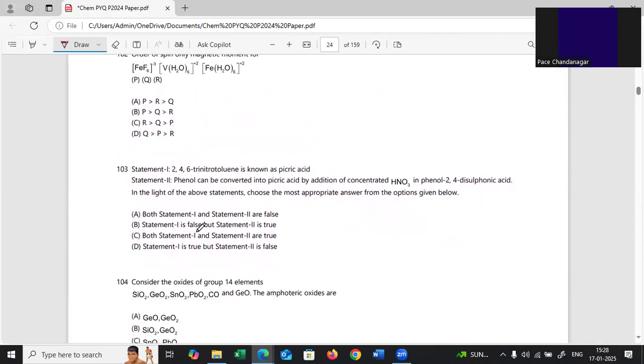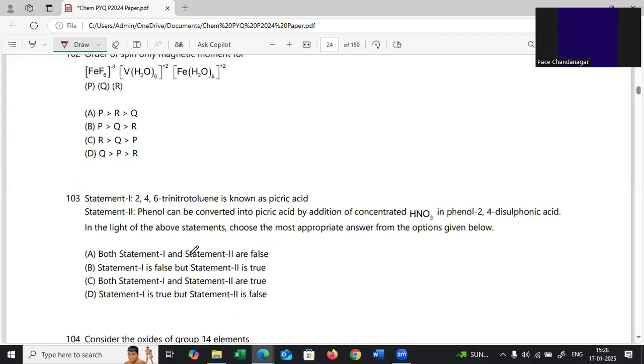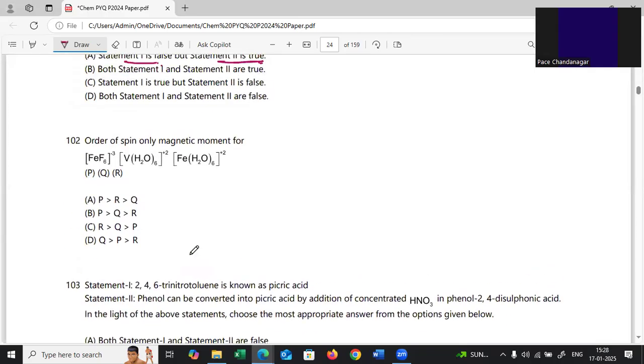Next, order of spin magnetic moment is asked here. So let us go with this question number 102. Fe, iron with F6 and minus 3. Fluorine is minus 6, moving to the right side, minus 6 plus 3, which is plus 3.